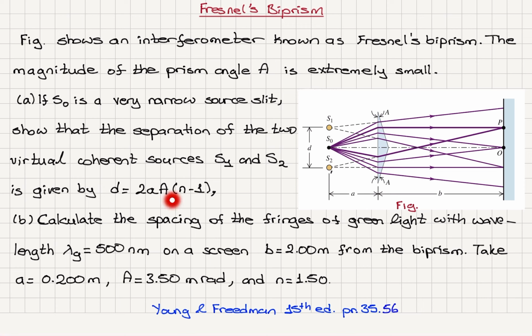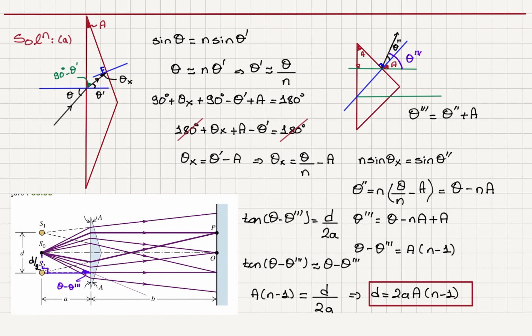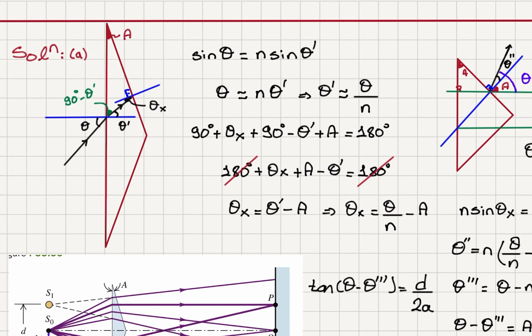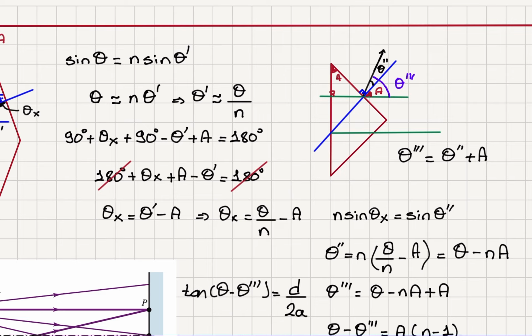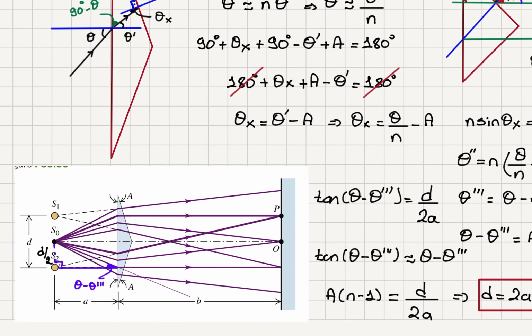First, we were asked to show that the separation between the two virtual sources is 2a capital A (n minus 1). In order to show that, I've looked at the incoming angle theta with respect to the horizontal axis and outgoing angle theta double prime with respect to the horizontal axis, and the deviation from the original direction for a ray is theta minus theta triple prime.